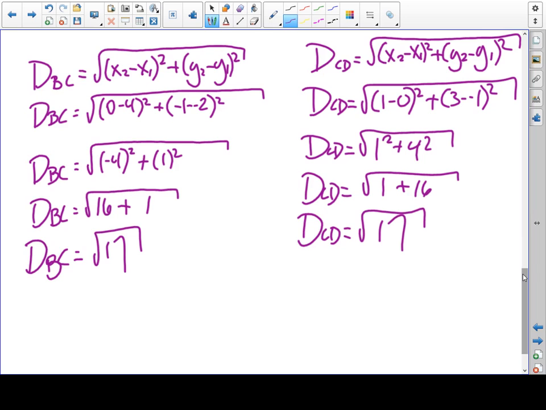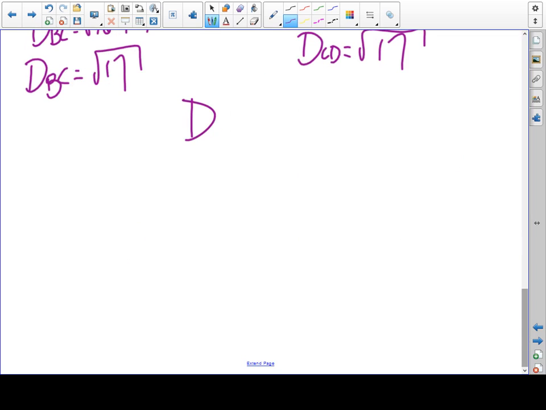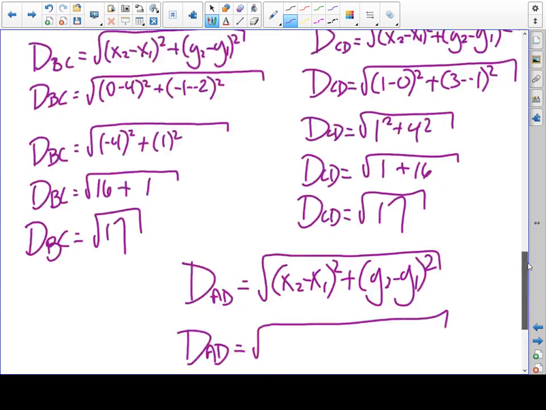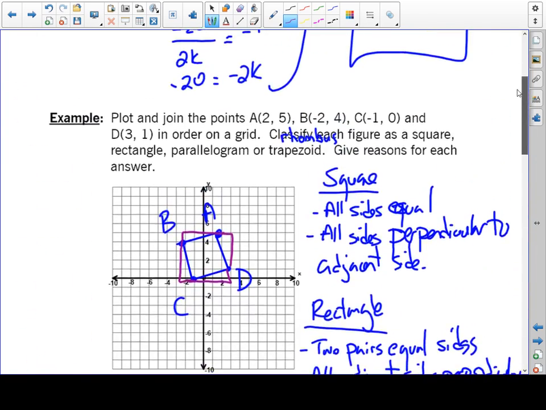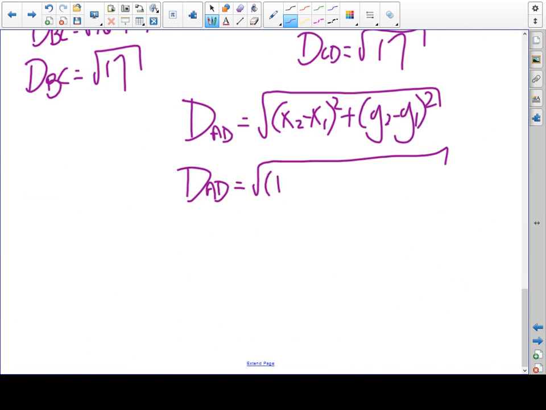All right, so let's do it. We're going to do AD, otherwise known as the distance between A and D. X2 minus X1, quantity squared, plus Y2 minus Y1, quantity squared. Okay, 1 minus 5 and 3 minus 2. 1 minus 5 squared plus 3 minus 2 squared.